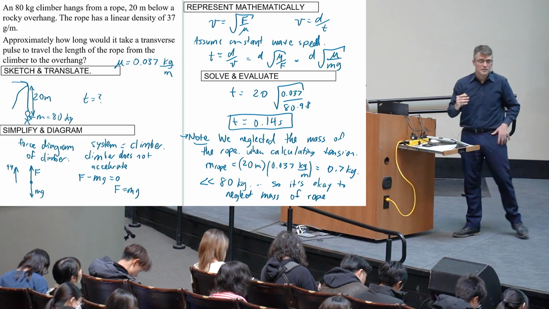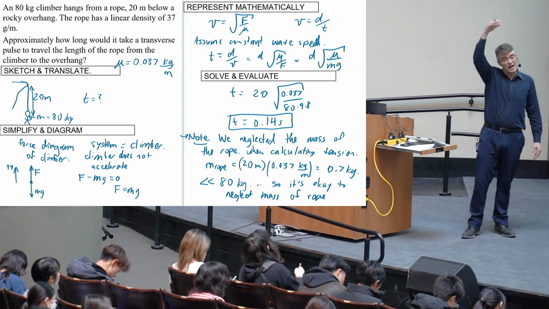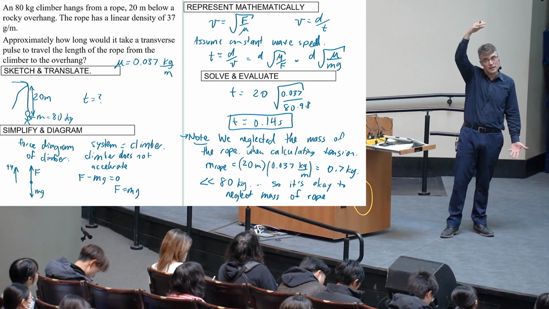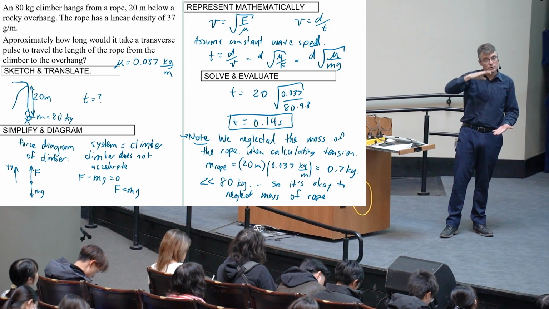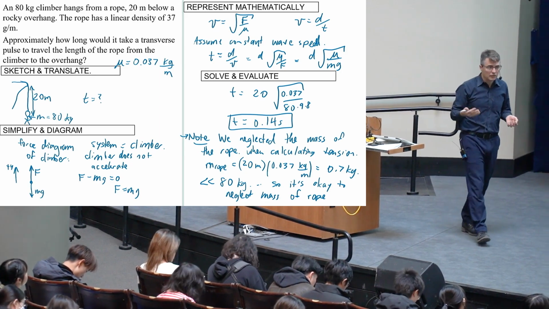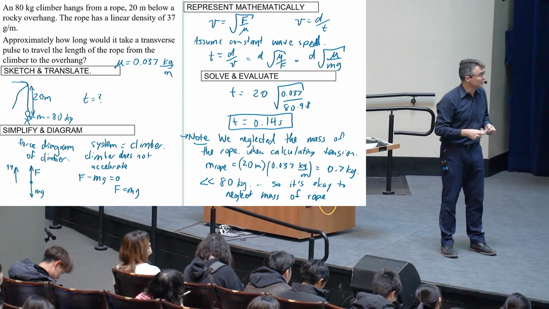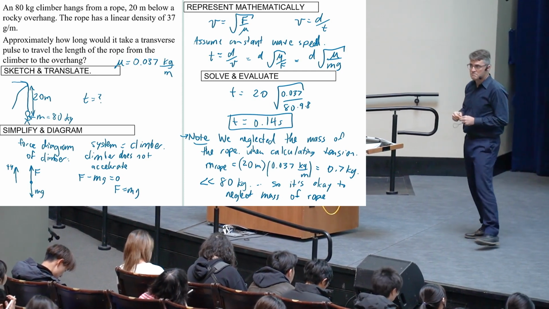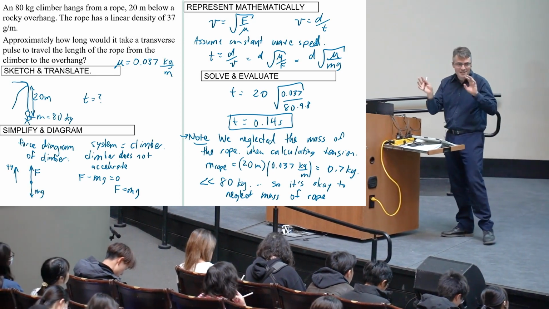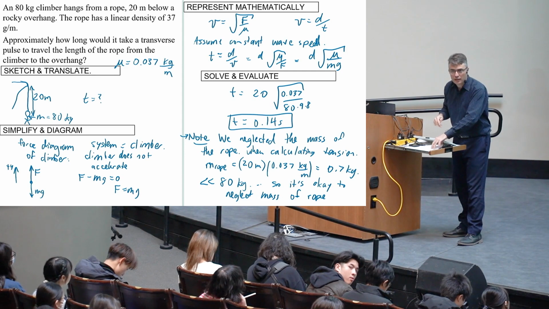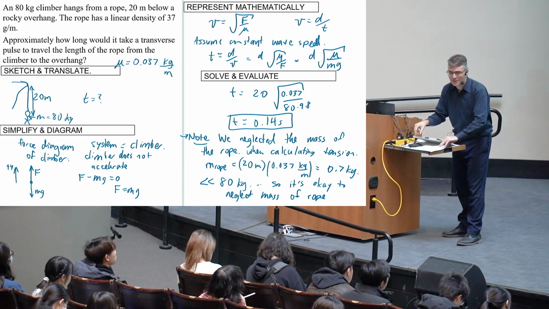What would happen is that the tension would be higher at the top of the rope because it's suspending not just 80 kilograms, but 80.7 kilograms. And then the tension would be less at the bottom of the rope. So the wave wouldn't travel at a constant speed, and then the problem would be way harder to do. But when things are less than about 1%, I just say, well, two significant figures, it should be okay. Sort of like the small angle approximation.